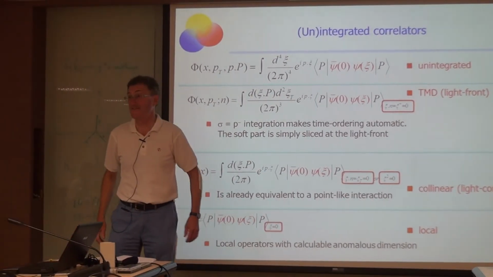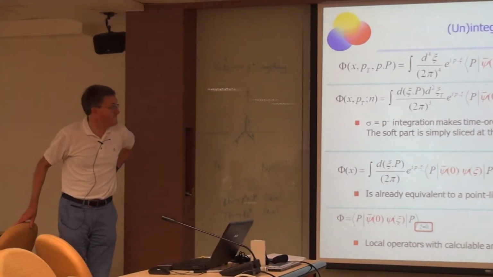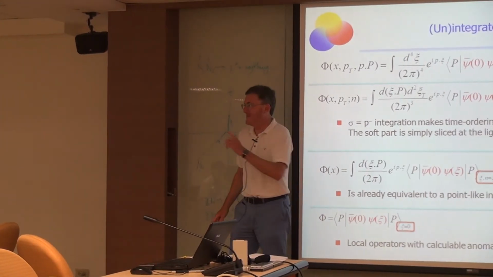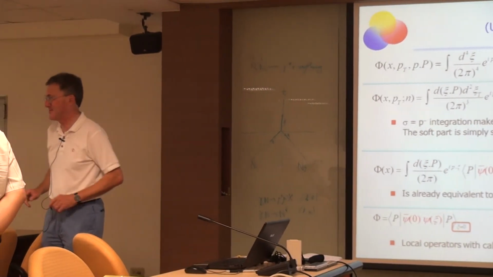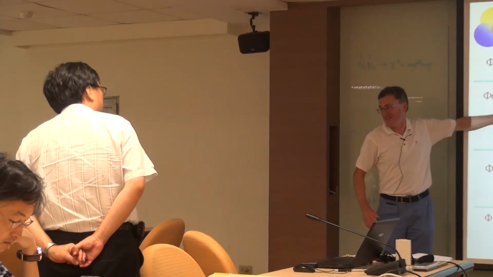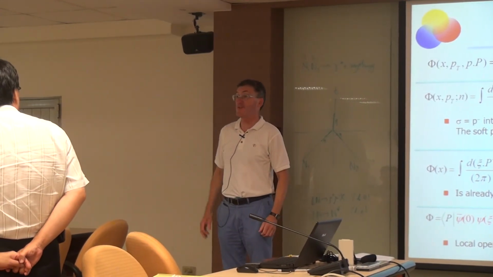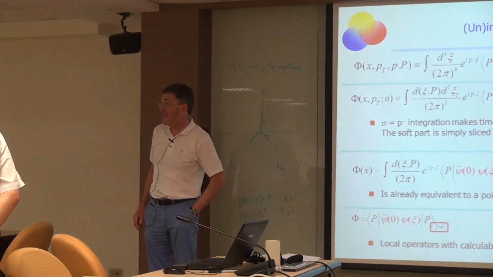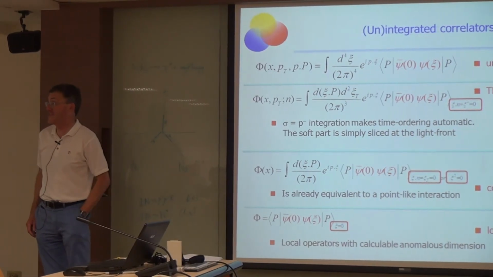Other questions? Could you say more about the time ordering part? Let me start off with that tomorrow, because otherwise I take away too much time and lunch from the other speaker. I will, as I said, come back to this, and I will say somewhat more about time ordering. The papers to look at are Diehl and Bousset and very old papers of Bob Jaffe on deep inelastic scattering that discuss these things.